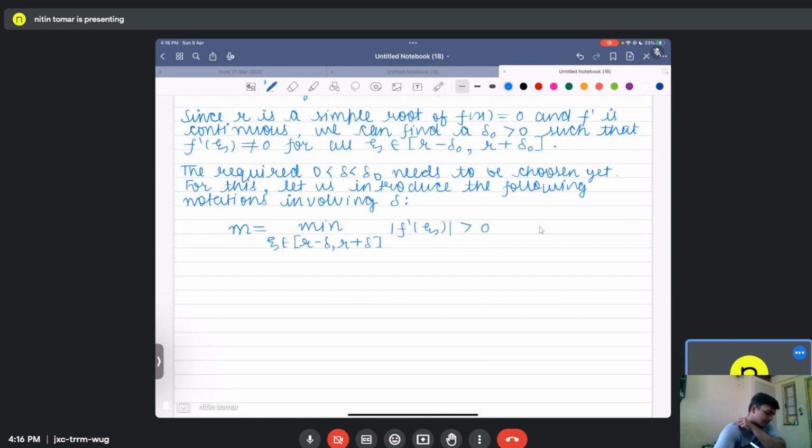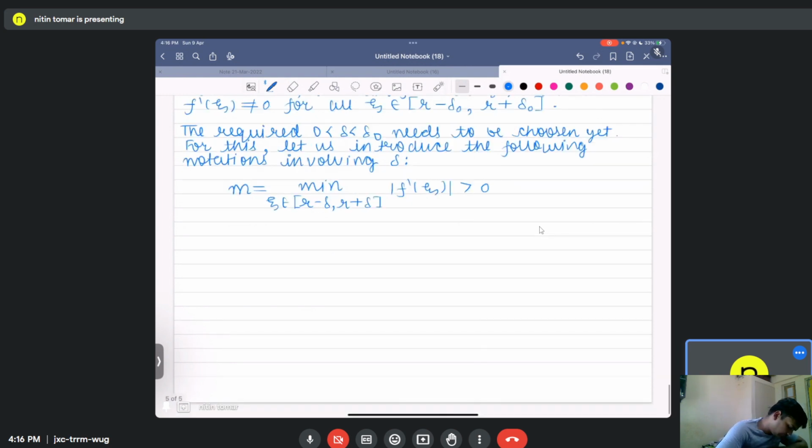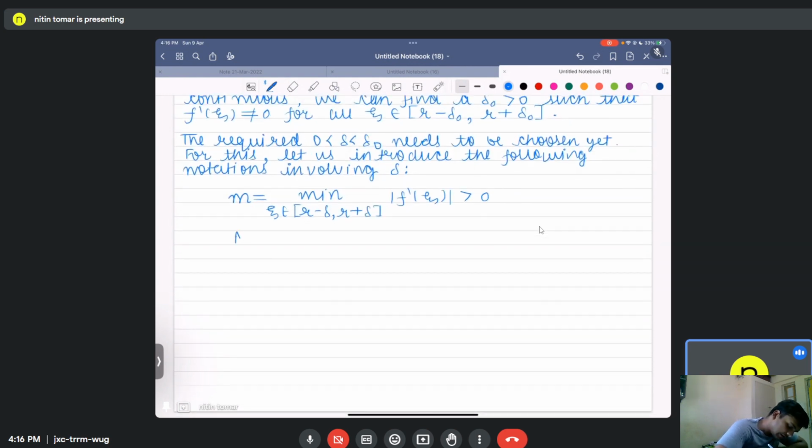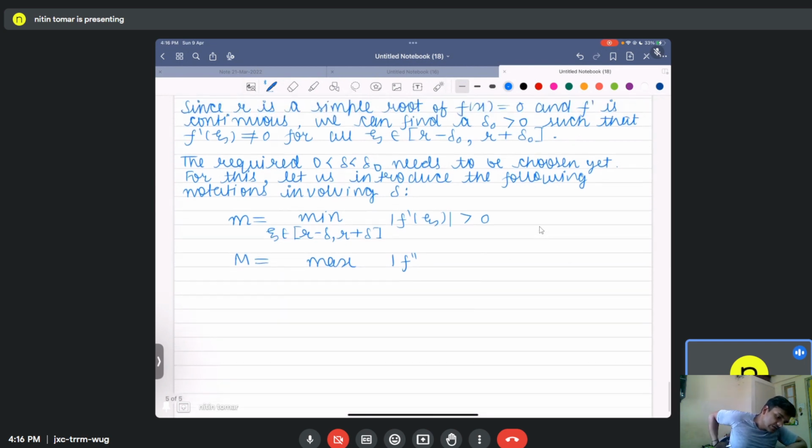Why is the minimum strictly greater than 0?